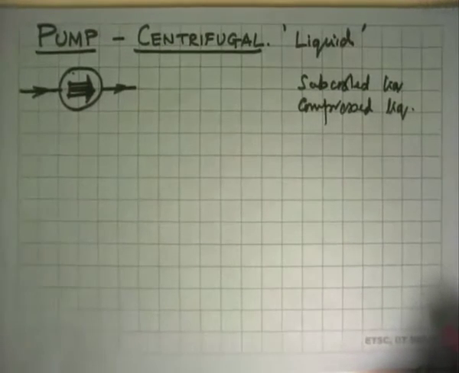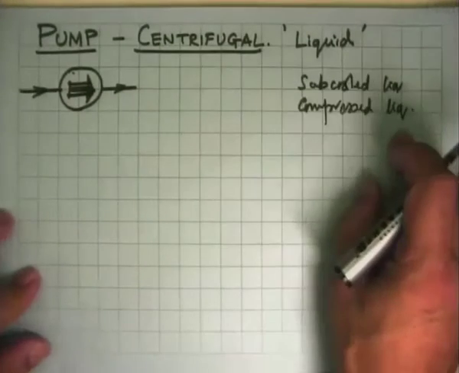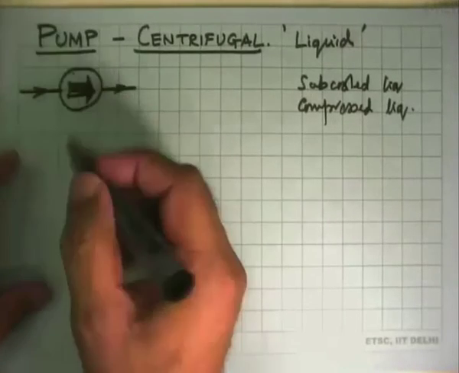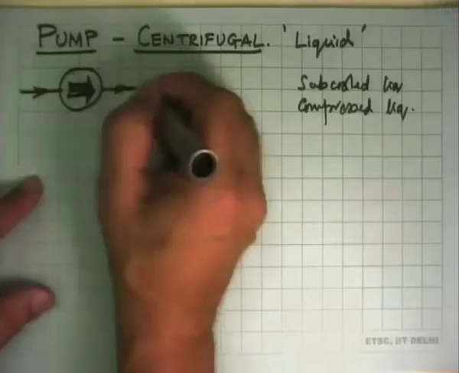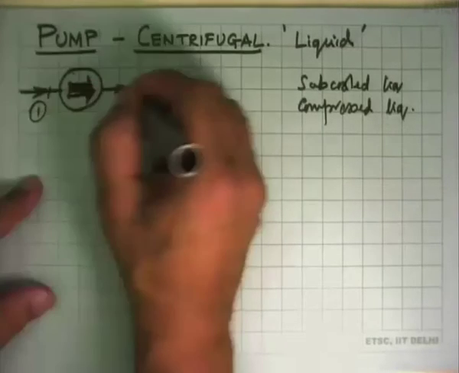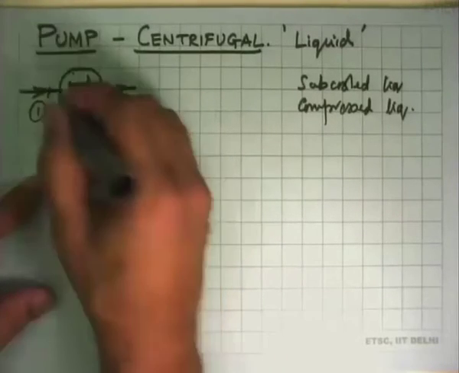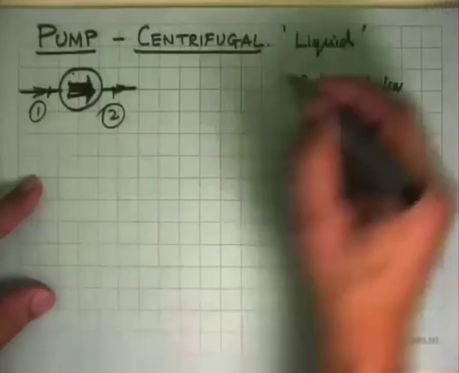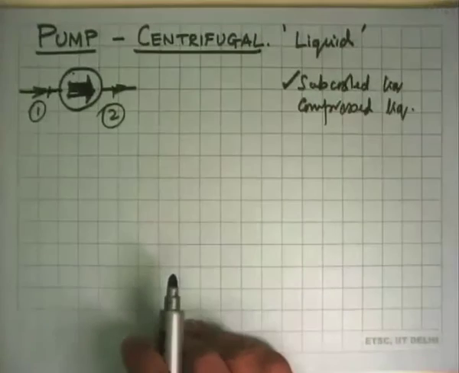And in all cases, we assume that this is the symbol for that, a circle with an arrow. And we say that this is the inlet and this is the outlet. Inlet state is 1, outlet state is 2. Throughout the process, it remains a liquid.